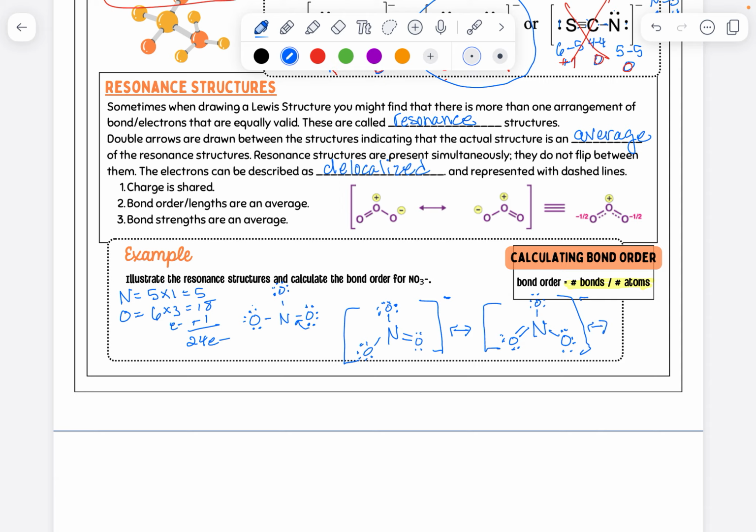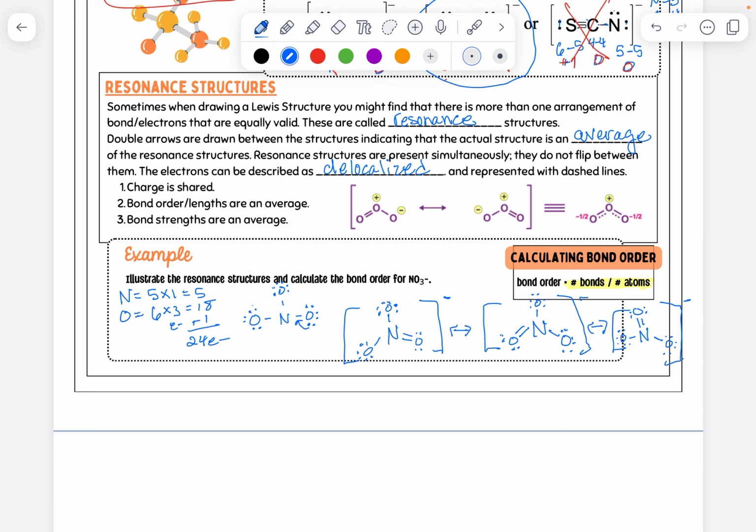And I've got one more to draw, and that one, the oxygen on top is going to have the double bond with the 2 lone pairs, and the others have lone pairs that have 6. Sorry, that one has 2 lone pairs, and this one has 3 lone pairs. Okay, so that's not the most beautiful, but you get the idea, and you would draw it like that.